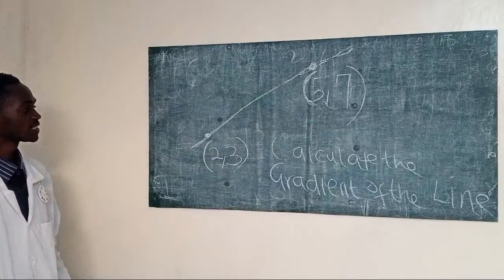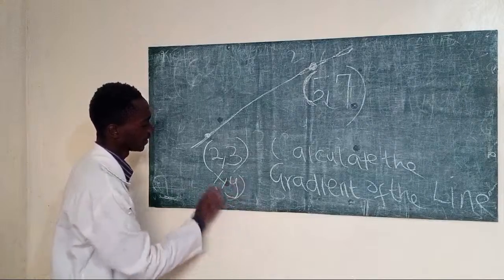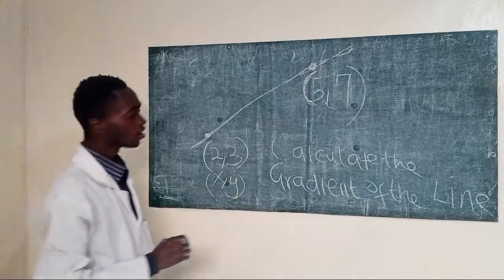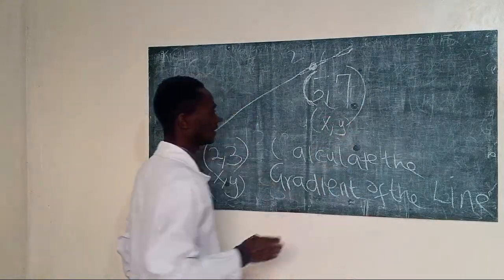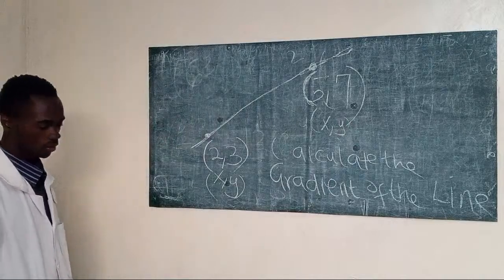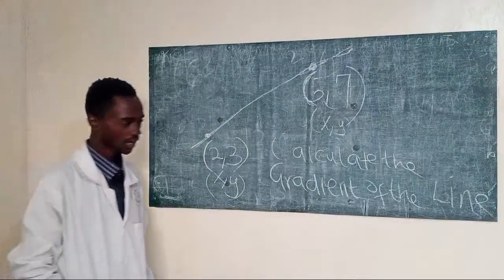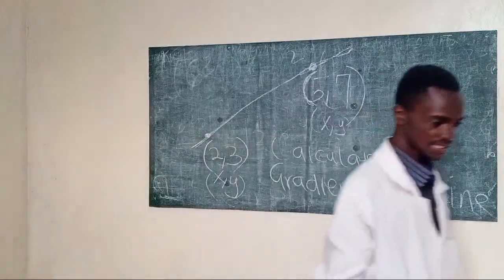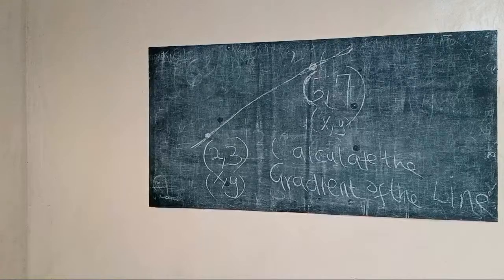Given the coordinates x and y in one of the points is 2, 3, and the coordinates in the other point is 5, 7, and given that gradient is equals to change in y all over change in x, calculate the gradient of the line.